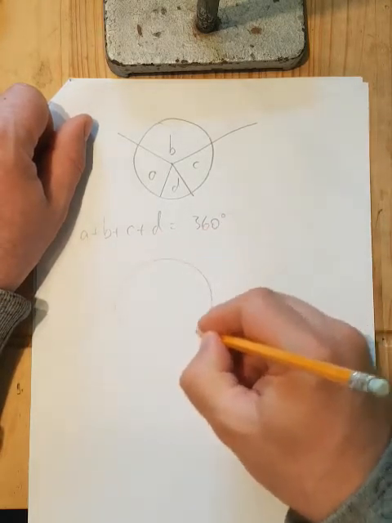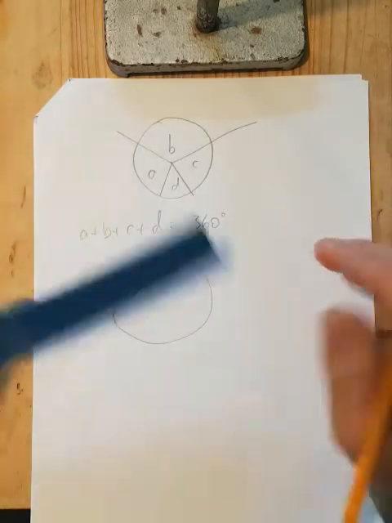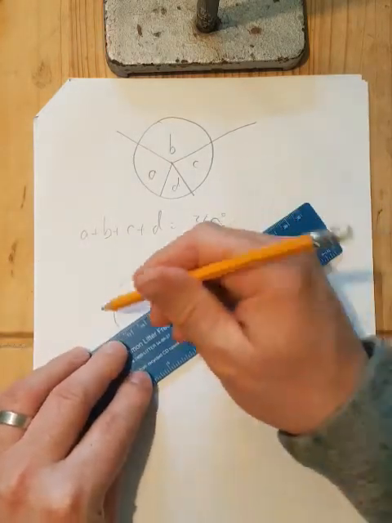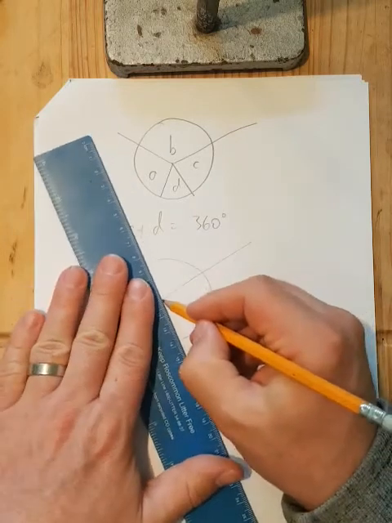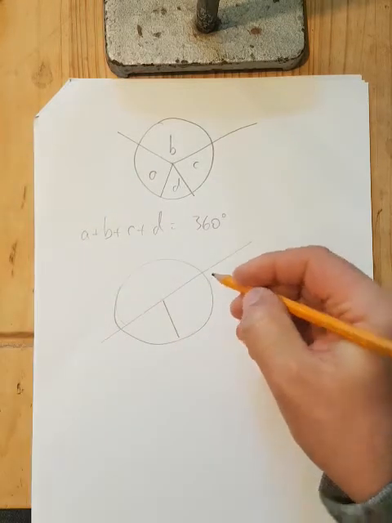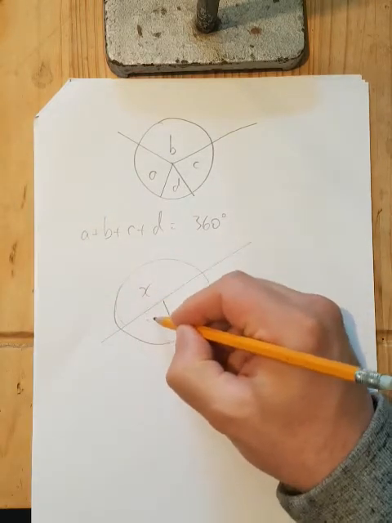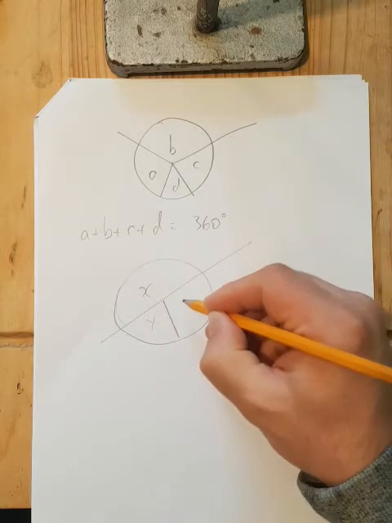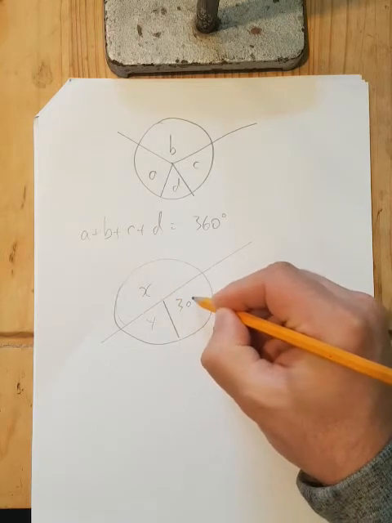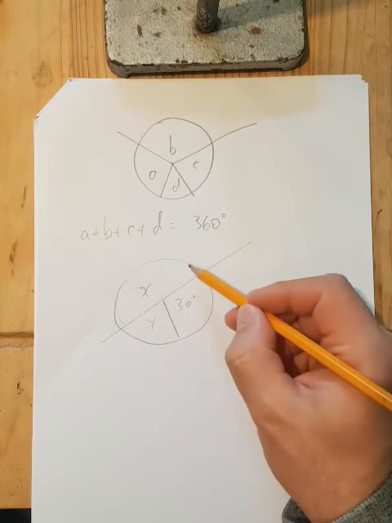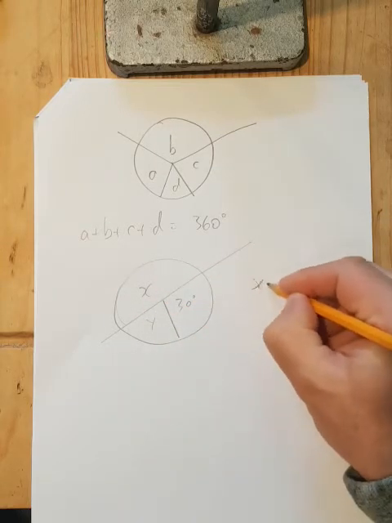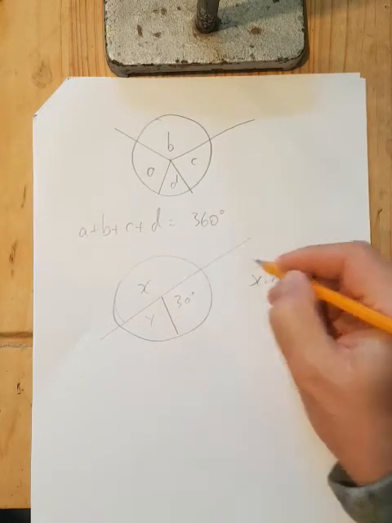So if we do another example, badly drawn circle. Okay, well, this is a straight line angle, so we can straight away say that x is equal to 180 degrees because it's half the circle.